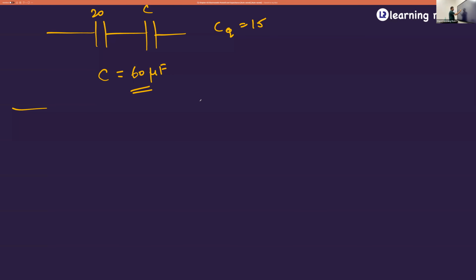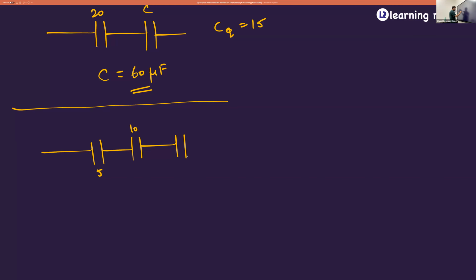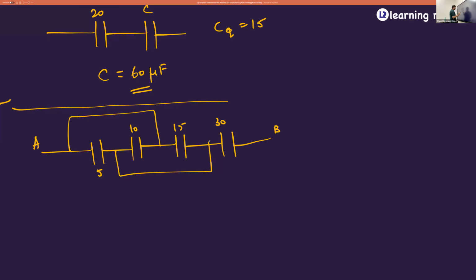There is a network like this, which is 5. Everything is in microfarad. 10, 15, and 30, which are connected between the points A and B. You need to find the equivalent capacitance between the points A and B. Okay, you will see these kinds of questions also.